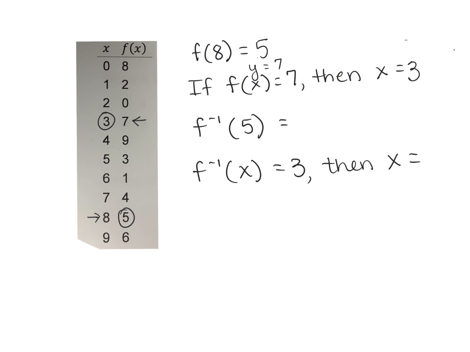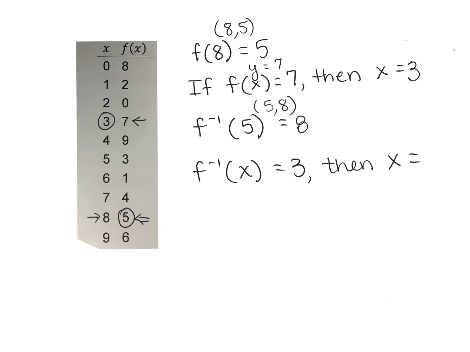If I'm doing f inverse of 5, that means I'm looking for a y value of 5, which would take me back down to here. Then that would be equal to 8, because that ordered pair point, of course, is inverted. So this one is 8, 5. This one would give me 5, 8.